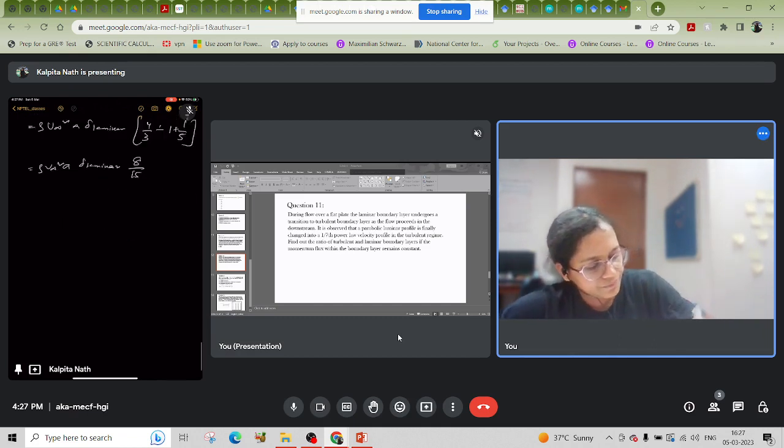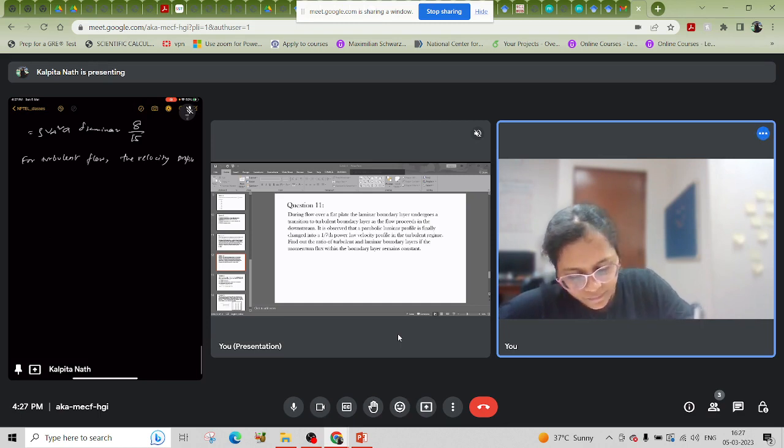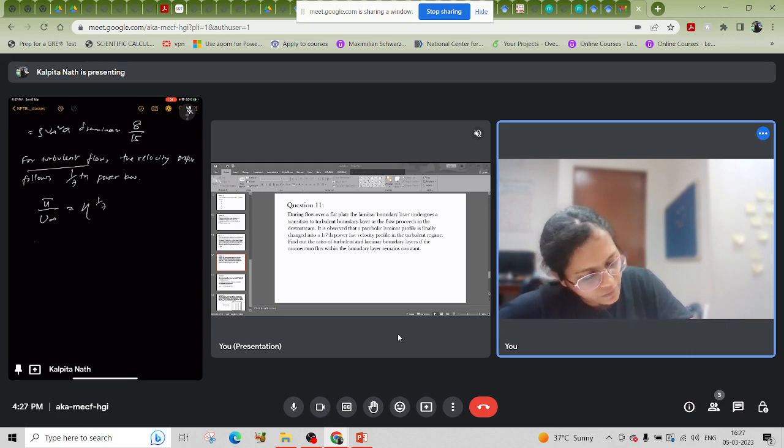Now, for turbulent flow, the velocity profile follows the 1/7 power law. For turbulent flow, u bar by u infinity is equal to eta to the power 1/7.